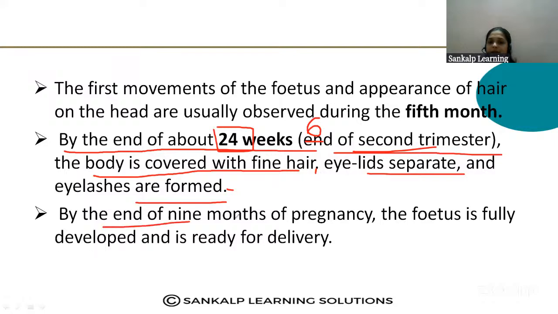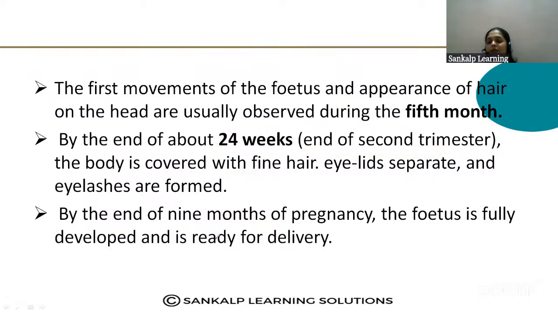Then by the end of the 9 months of pregnancy, the fetus is well developed and ready for delivery. So what development happens? What happens in the first month? What do you observe in the second and third month? What happens in the 5th month? In the 6th month? Note all of this correctly. And by the end of the 9th month you can observe the well developed baby, ready for delivery.